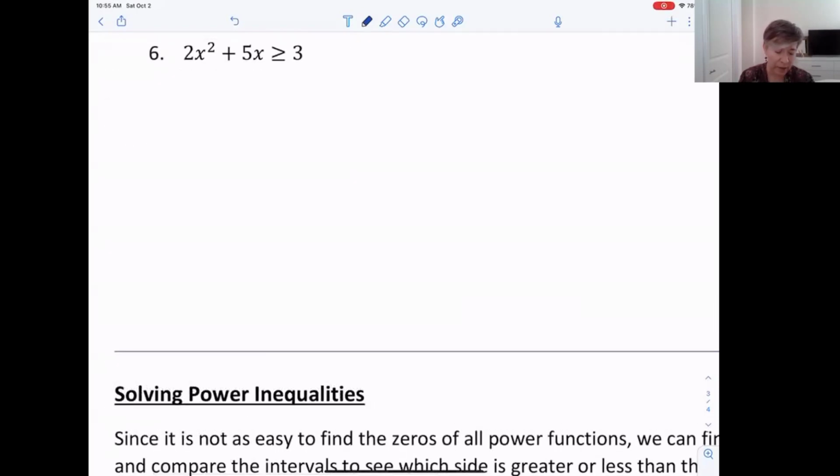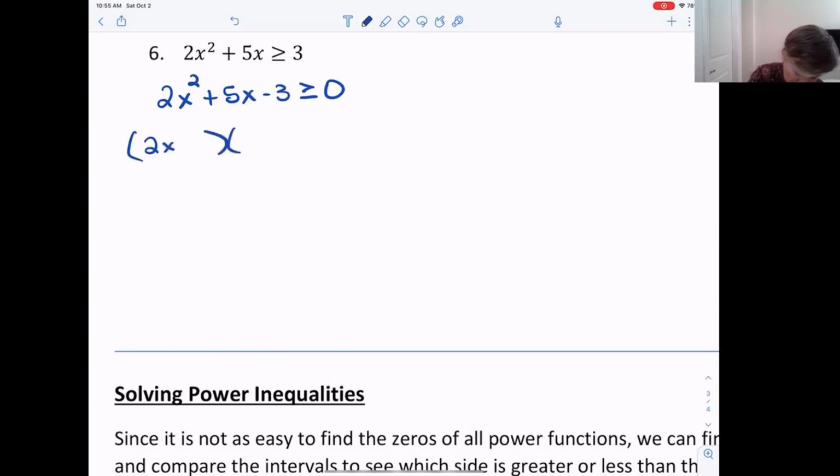In example 6, we have 2x squared plus 5x is greater than or equal to 3. So if we set this equal to 0 by subtracting 3 from both sides, we would get 2x squared plus 5x minus 3 is greater than or equal to 0. If we factor the left side, we would get the quantity 2x minus 1 times the quantity x plus 3.